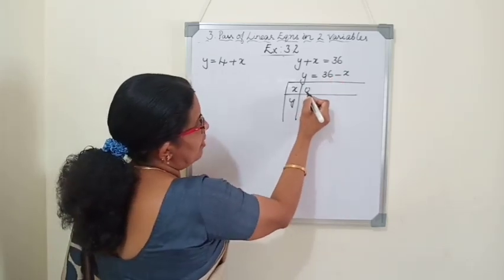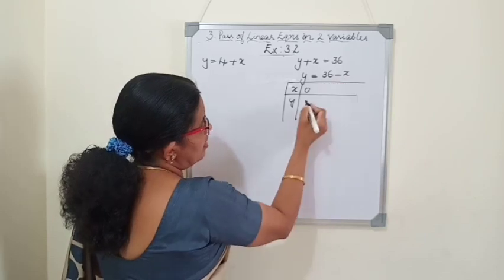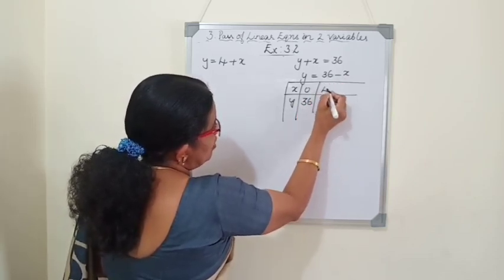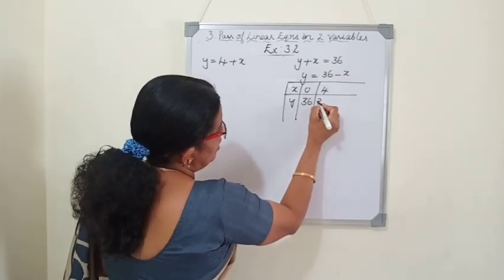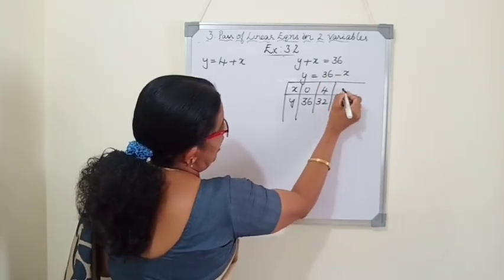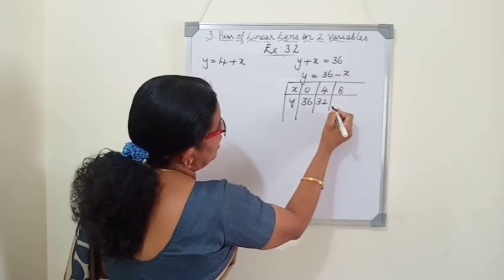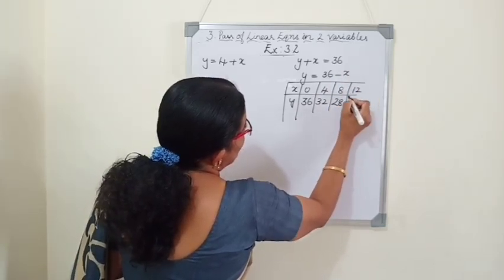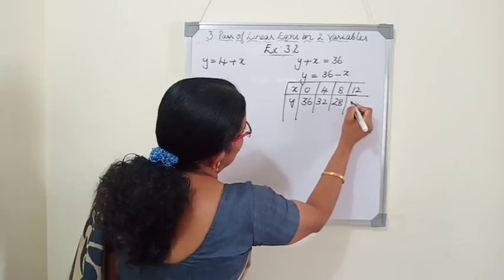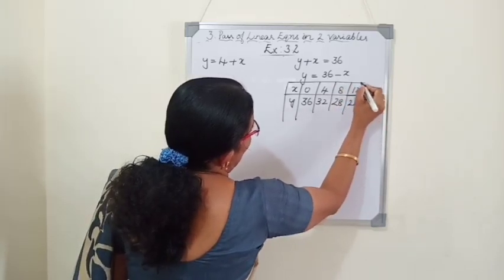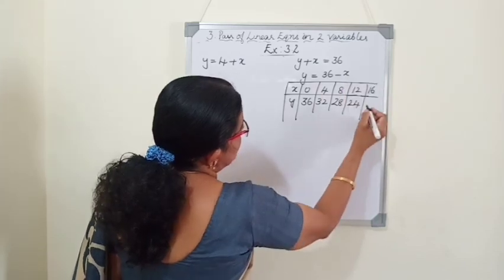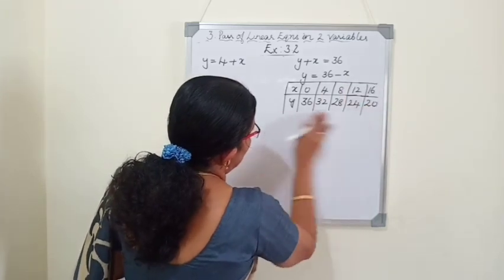First we will take 0. 36 minus 0, 36. Next we will take 4. 36 minus 4, it is 32. Next 8. 36 minus 8, it is 28. Next 12. 36 minus 12, 24. One more we will take. 16. 36 minus 16, it is 20.